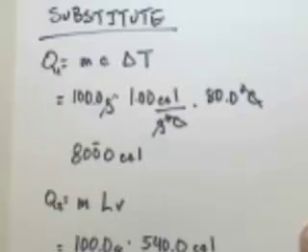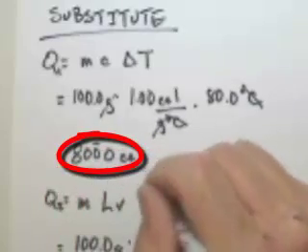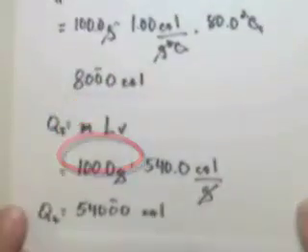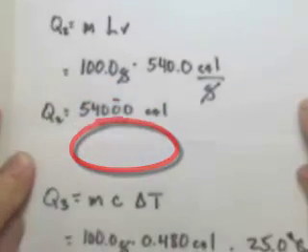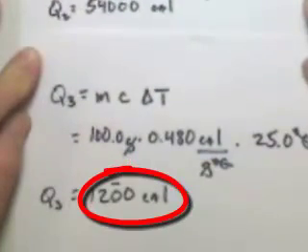So the total amount of energy required to go from 20 degrees Celsius as a liquid to 125 degrees Celsius in a gaseous state would then be determined by taking the sum of Q1, Q2, and Q3.